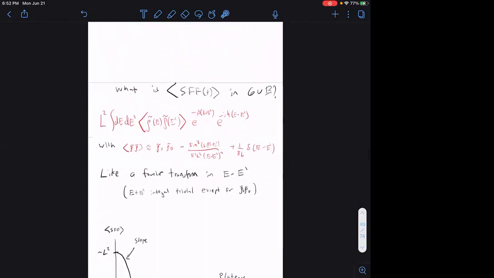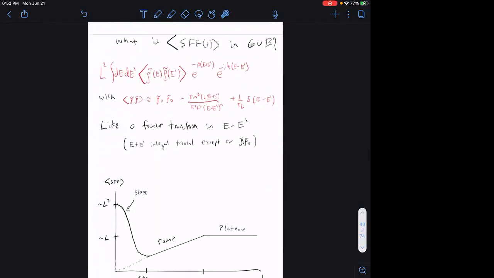For example, if we calculate the average spectral form factor in the GUE, we take this average of the densities and use our sine kernel formula. The sine kernel formula says rho rho is this factorized semicircle piece, plus the sine squared part, plus the delta function.